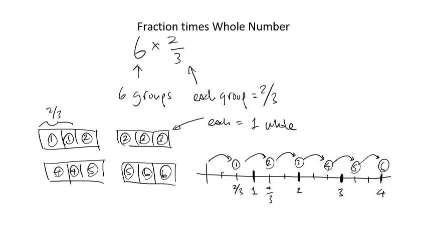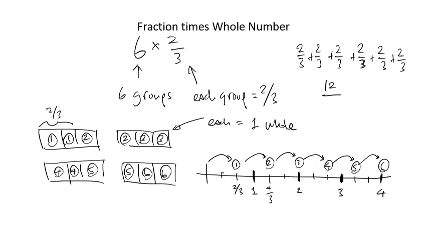And then lastly, if we really wanted to, we could go all the way back to talking about multiplication as repeated addition, and just add 6 of these together. And so we've got 2, 4, 6, 8, 10, 12.